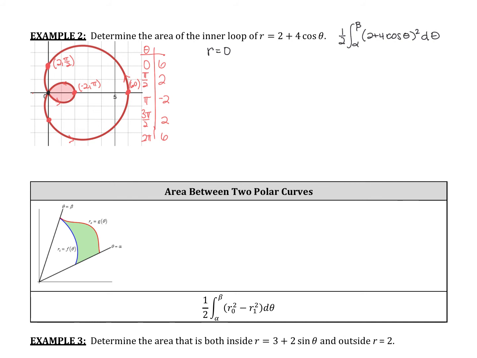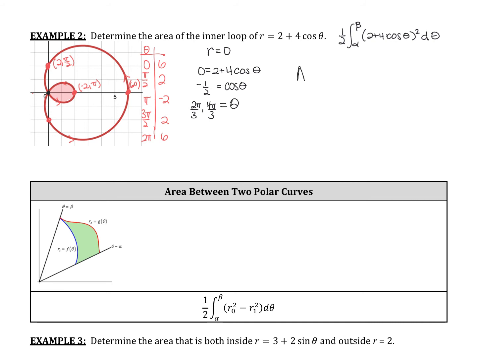Where r equals 0, we get 0 equals 2 plus 4 cosine of theta. Solving this, we get the cosine of theta equals negative 1/2. From my unit circle, I know that theta would need to be either 2 pi over 3 or 4 pi over 3. These are going to be my bounds of integration.